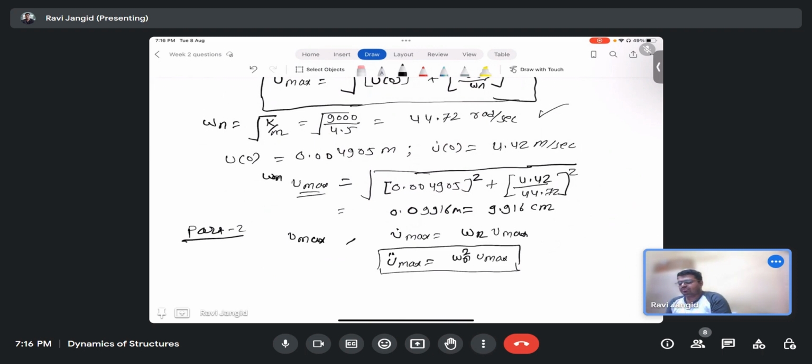So you have omega n as 44.72, square, times u maximum. If you keep it in meters, you will get meter per second square. If you keep it in centimeters, you will get centimeter per second square. So I will keep it in meters.